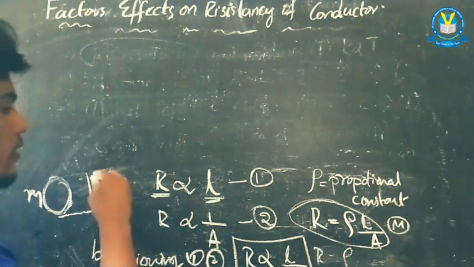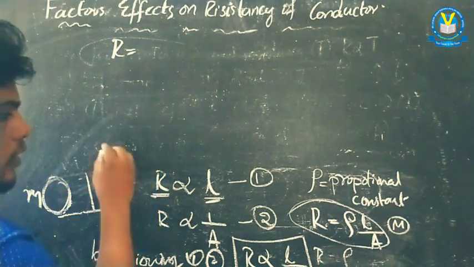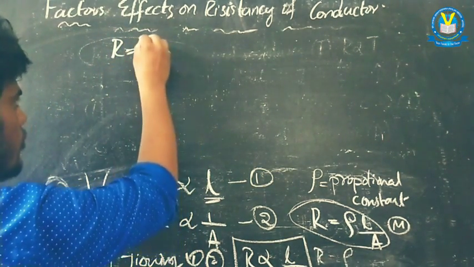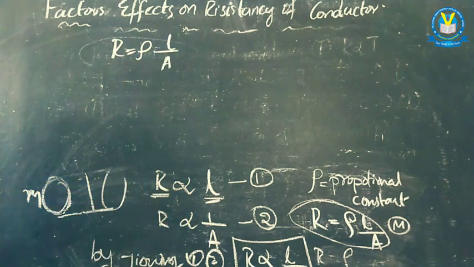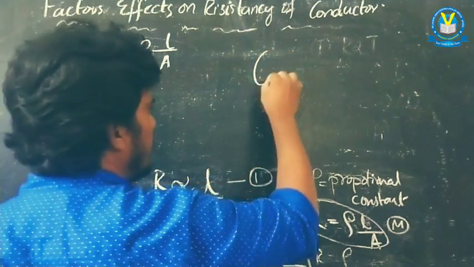I am writing this formula here. So our resistance R equals the proportional constant rho times L by A.